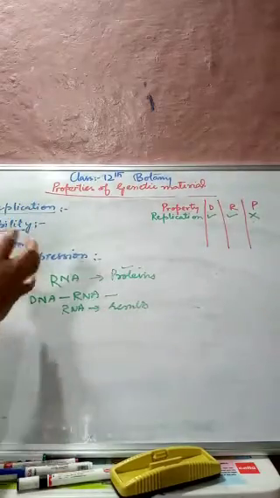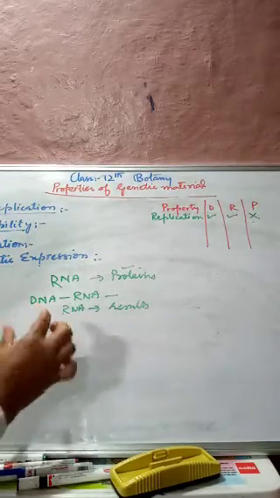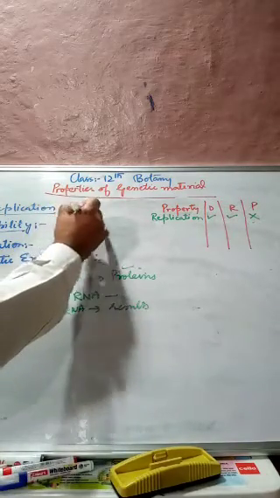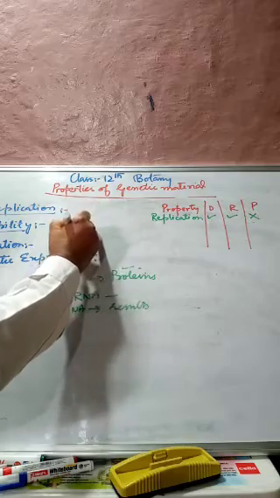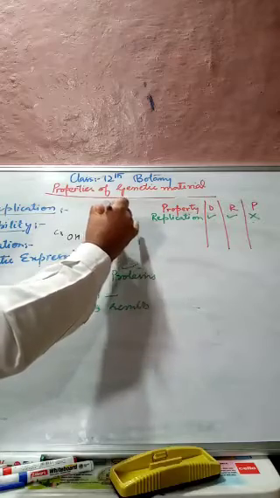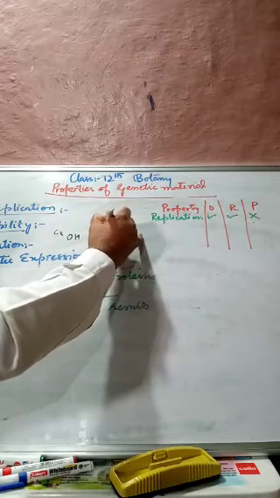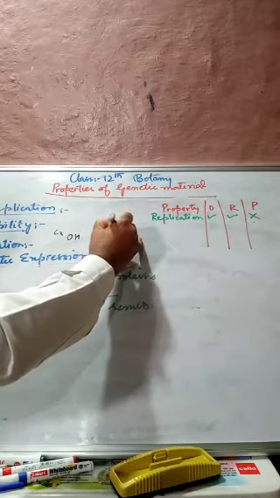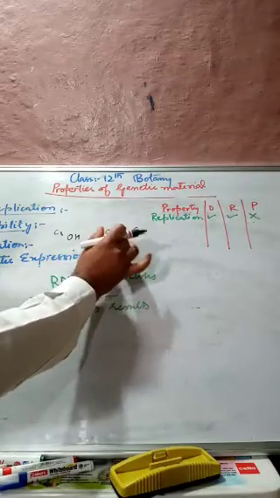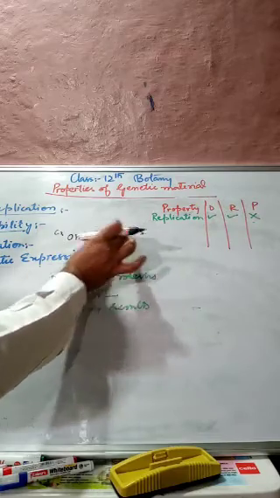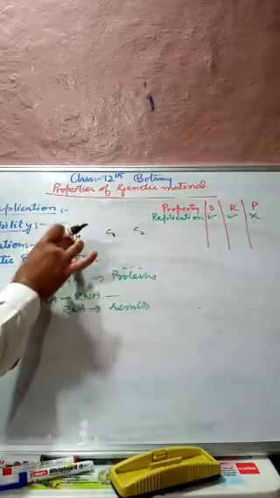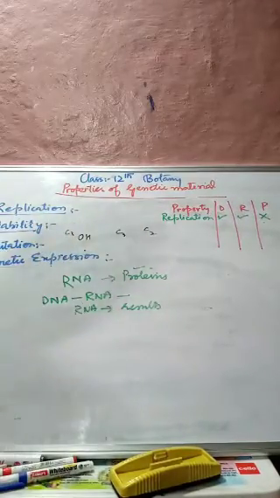Now we say that DNA is more stable. The reason is that both DNA and RNA are made up of pentose sugar. In DNA there is a functional group OH at carbon 3, while in RNA there are functional groups at two places, carbon 3 and carbon 2. Too many functional groups make the compound more reactive. So RNA is more reactive compared to DNA, and DNA is more stable.